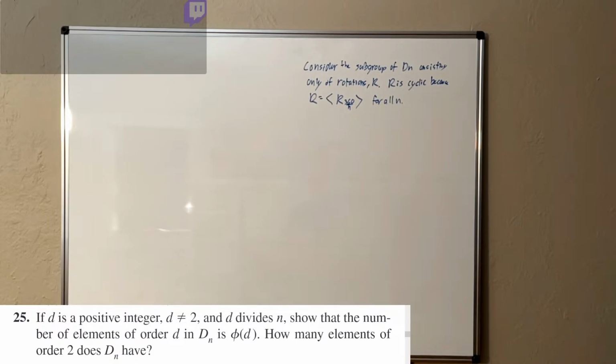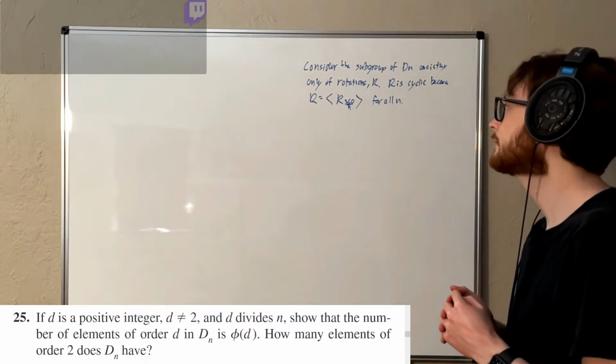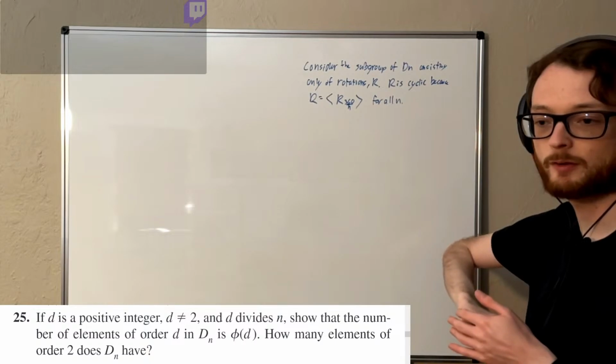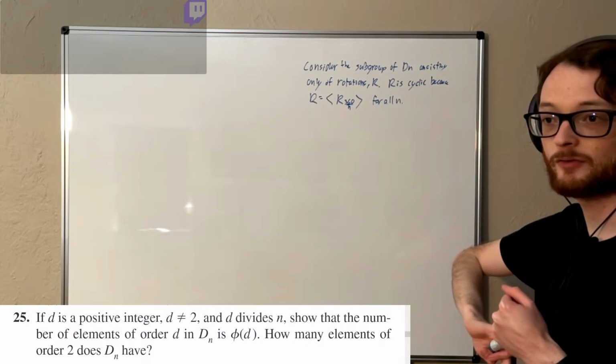I guess what do we know about, if I look at this subgroup and get the order of each element, I assume it's going to be the same as the order of the element in the entire group because of closure.